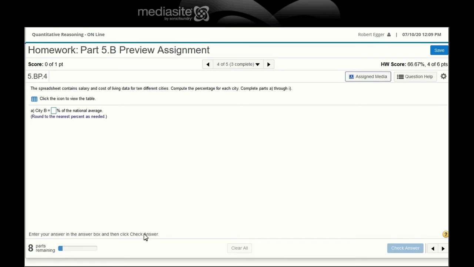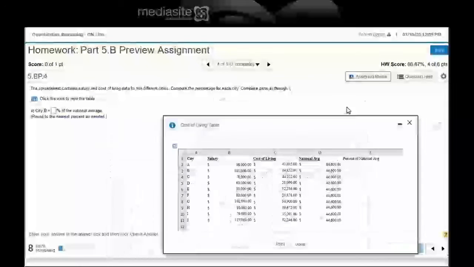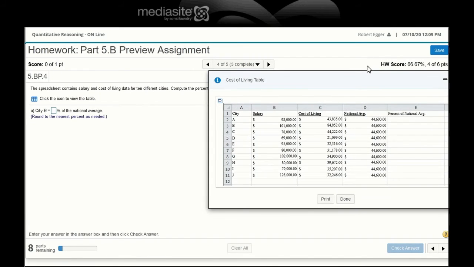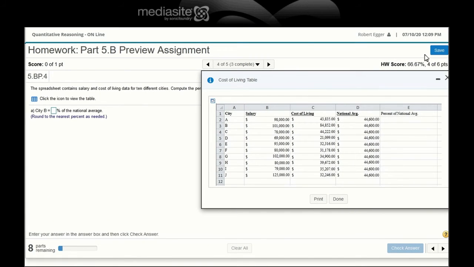Now it's going to be a long one. This one has 8 parts to it. So let's see, this spreadsheet contains salary and cost of 10 different cities. Do part A through I. So city B is what percent of national average?